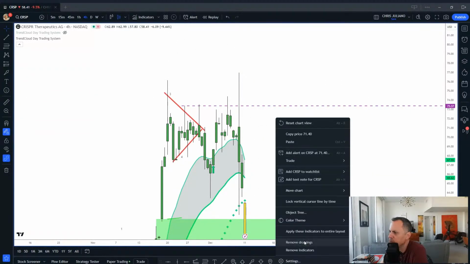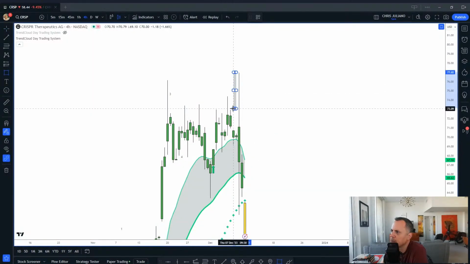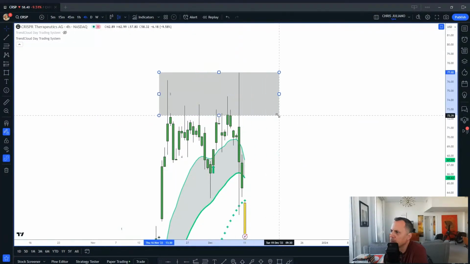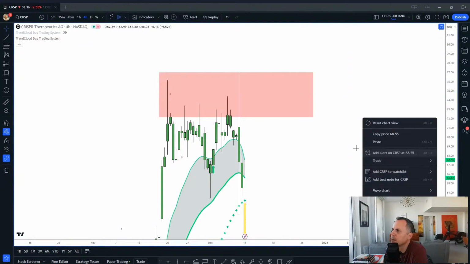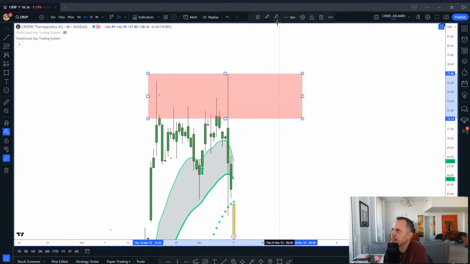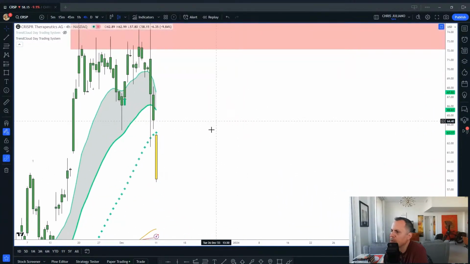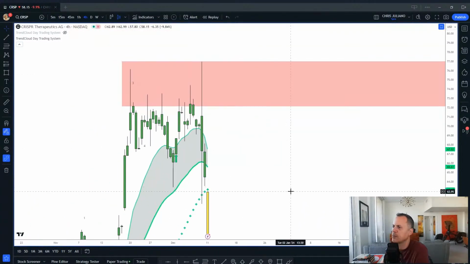Let's remove everything and box out. I would box it out like this. Make that red, and extend that out so that when it comes back up, we'll be able to find it again.